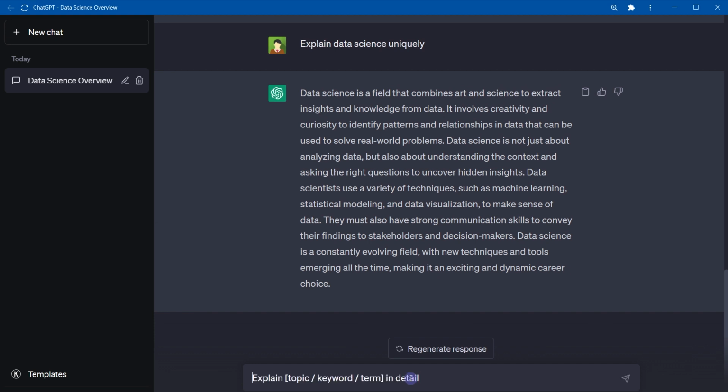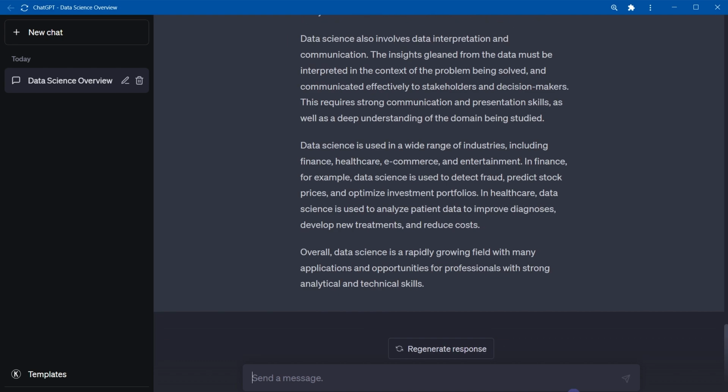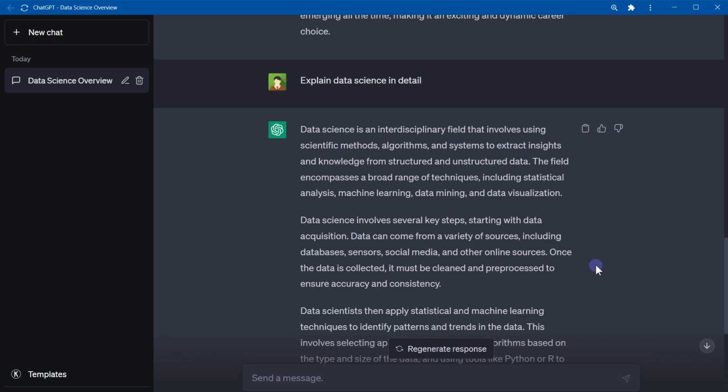Then we can use something like explain topic in detail. Explain data science in detail. If you ask ChatGPT to explain something in detail, it will provide a comprehensive and thorough explanation that covers all relevant aspects of the topic.